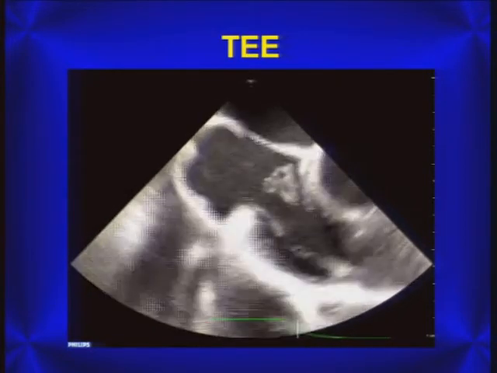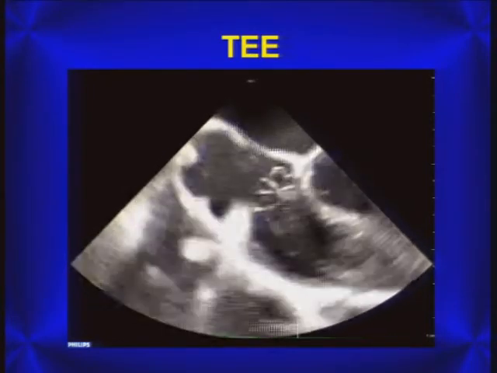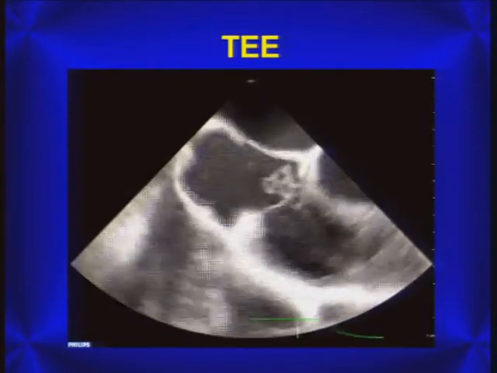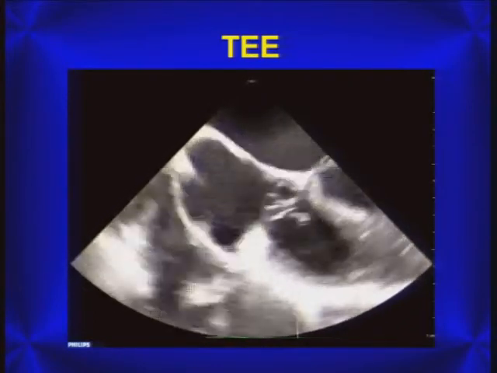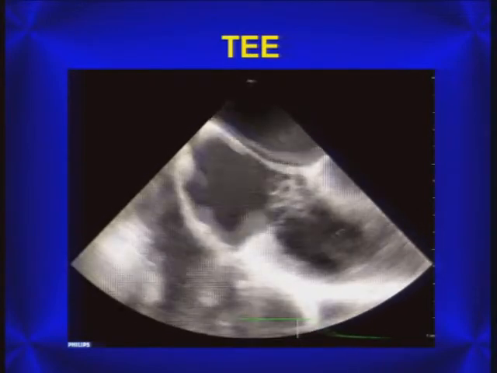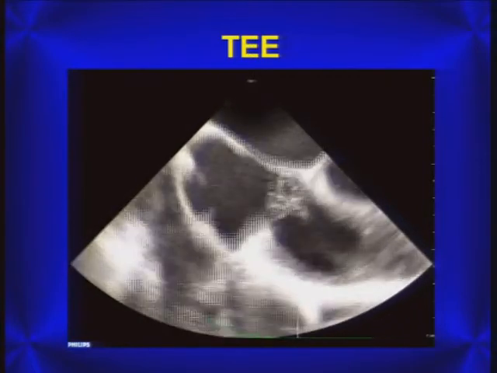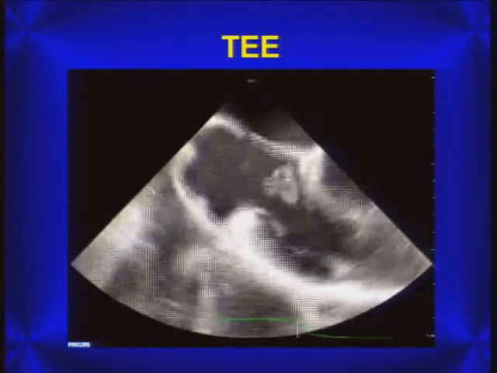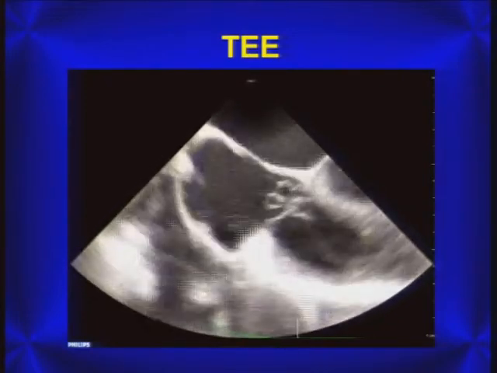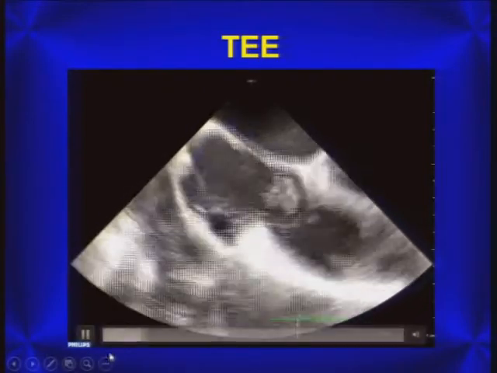We immediately performed this TOE, and it demonstrated a large irregular shaped oscillating and highly mobile mass in the right atrium, located above the tricuspid valve septal leaflet. Its attachment was not precisely seen, but the mass didn't cause any obstruction at the level of the tricuspid valve. The echo representation of the mass was characteristic of large vegetation.